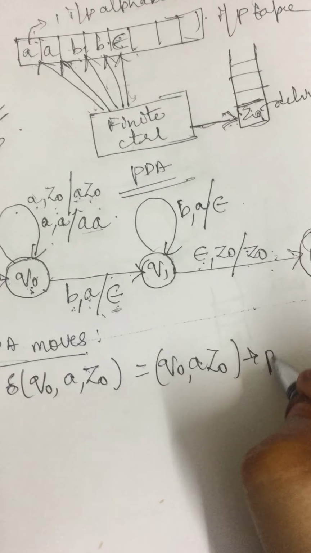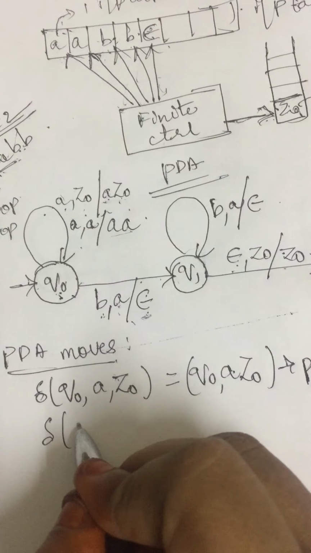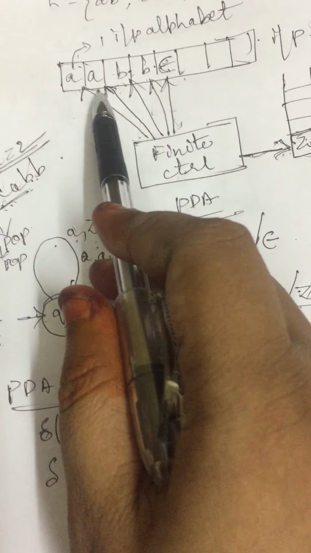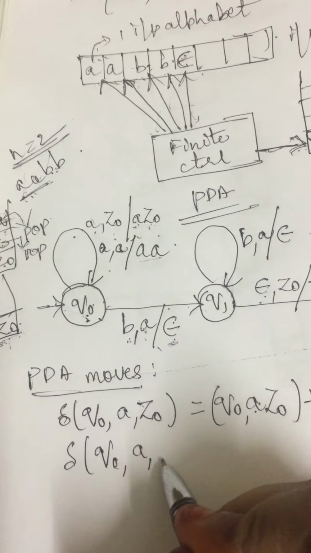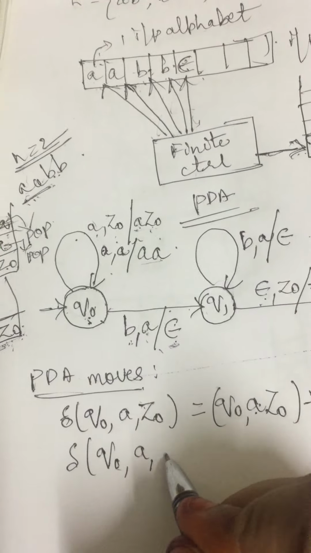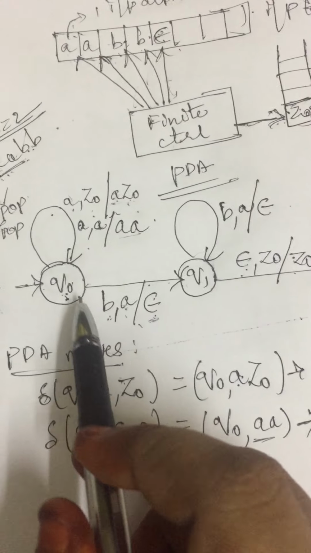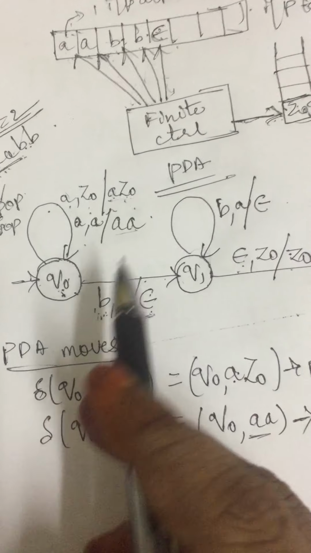So it means that we have pushed A into the stack. Similarly, for the second input alphabet A, we remain in the same state. The second input alphabet is A and the top of the stack is now A. This indicates the push operation, so push A. Now if we observe, the input alphabet has changed to B. So when the input alphabet changes to B, we also represent the change in state.